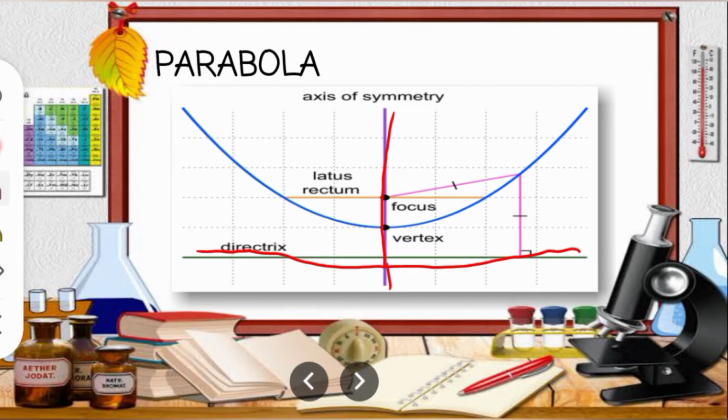The point here is our vertex, and our focus is ahead of our vertex here. And this is what we call our latus rectum, connecting the negative and positive points, and it passes through our focus. And this blue line here is our parabola.